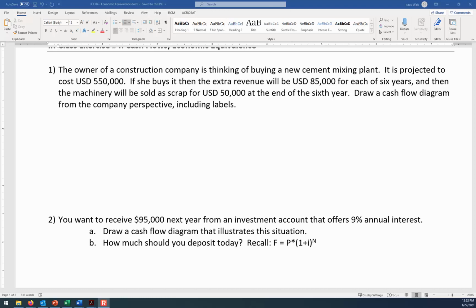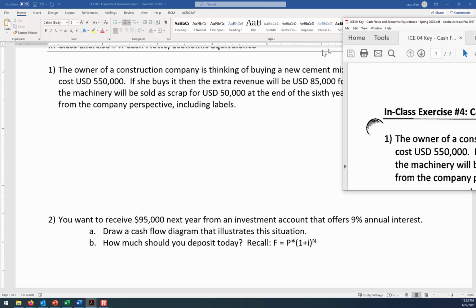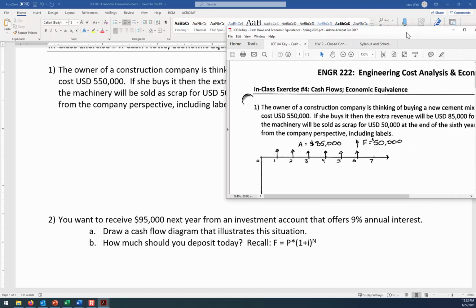All right. Well, hopefully you've got some idea of what the cash flow diagram should look like for this one. Let me pull up the key and drag it onto the screen here. All right, there we go.